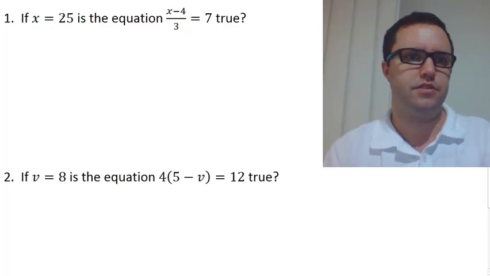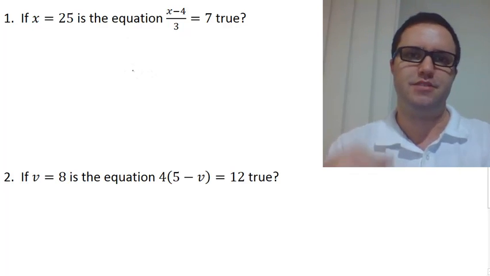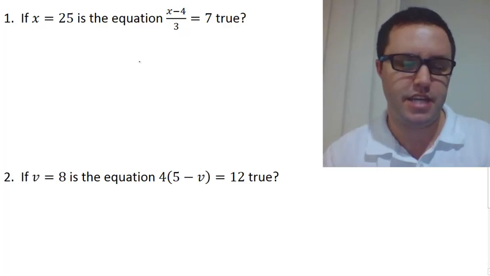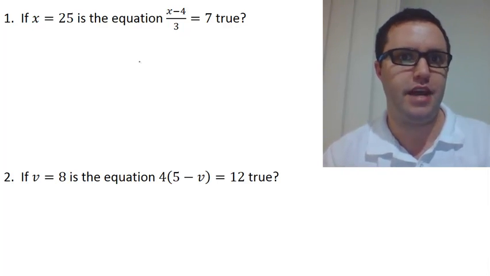If x is equal to 25, is this equation here true? Alright, so I'll show you how we test that. As I demonstrated before, we can check whether a statement is true by substituting our value and seeing if we have a true statement.